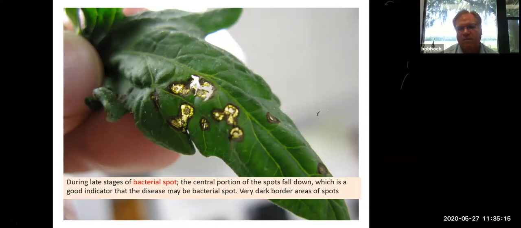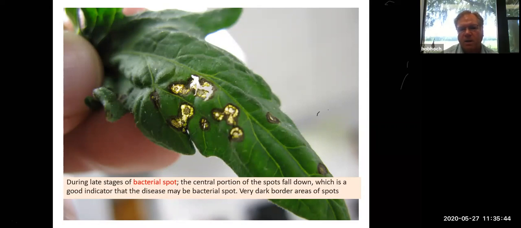You can see the holes developing on some of the other spots in the lower part of this leaf. But that's one of the characteristics of bacterial spot. The other thing on bacterial diseases, when I look at these spots, the perimeter of the affected area is really dark. Okay, and so this dark border is oftentimes indicative of bacterial spots, and you're going to see the difference as we work our way through here.